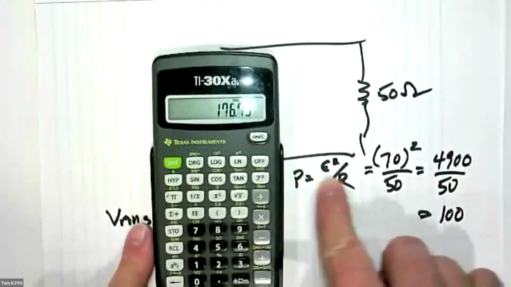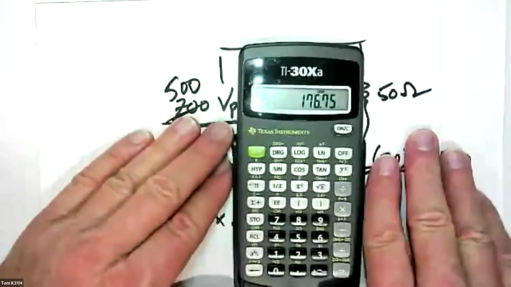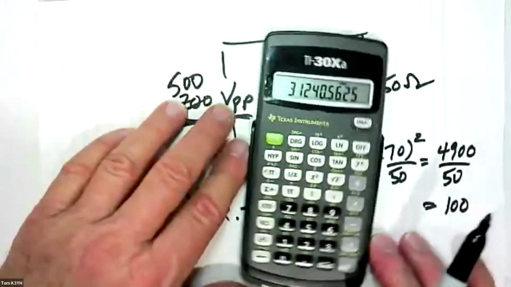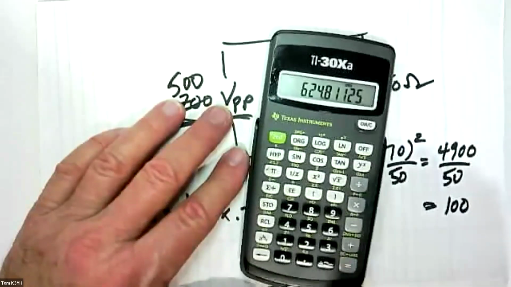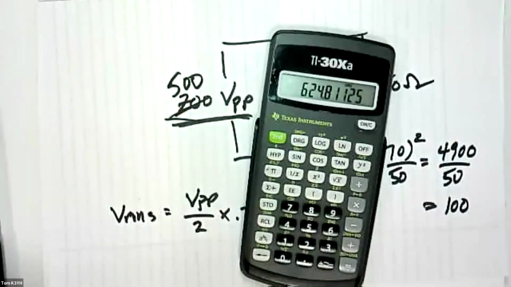Now I'm going to use E squared over R to get the power. So E squared, I'll take that number and hit X squared. Then I'll divide by 50, and it's about 625 watts. There's a decimal point in there.